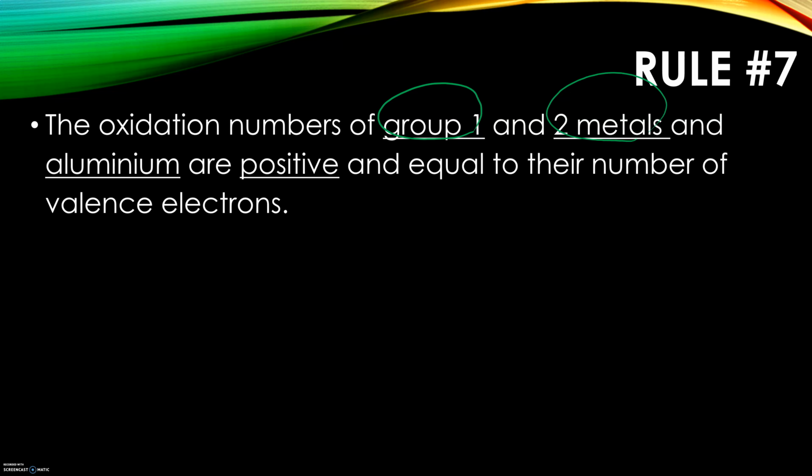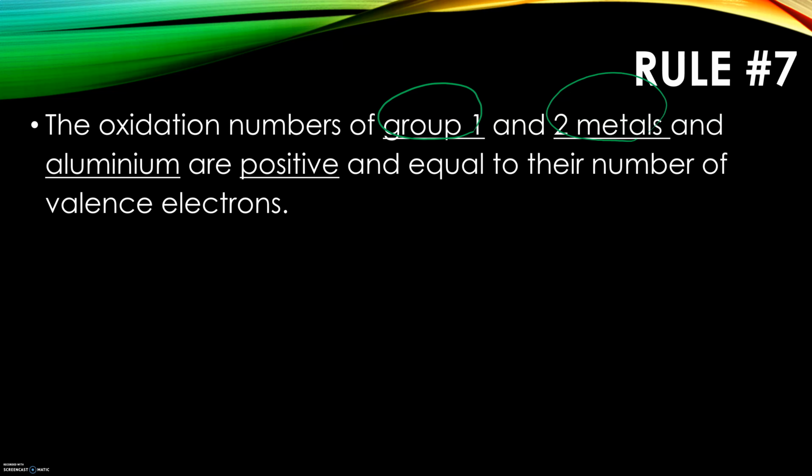These will always keep their valence electron numbers as their oxidation number. So group 1, we're talking about lithium, potassium, sodium, rubidium, cesium, and francium, those elements will always keep their oxidation number of +1.